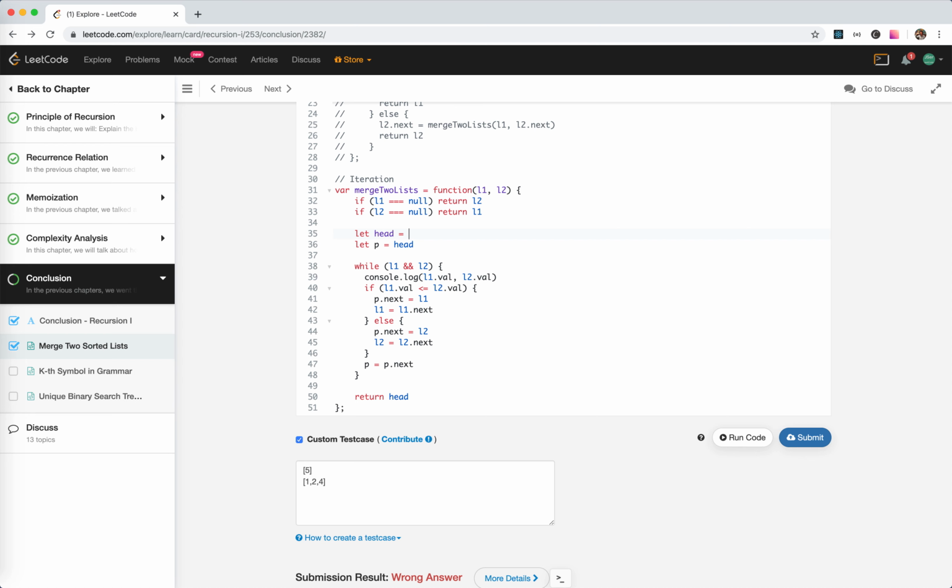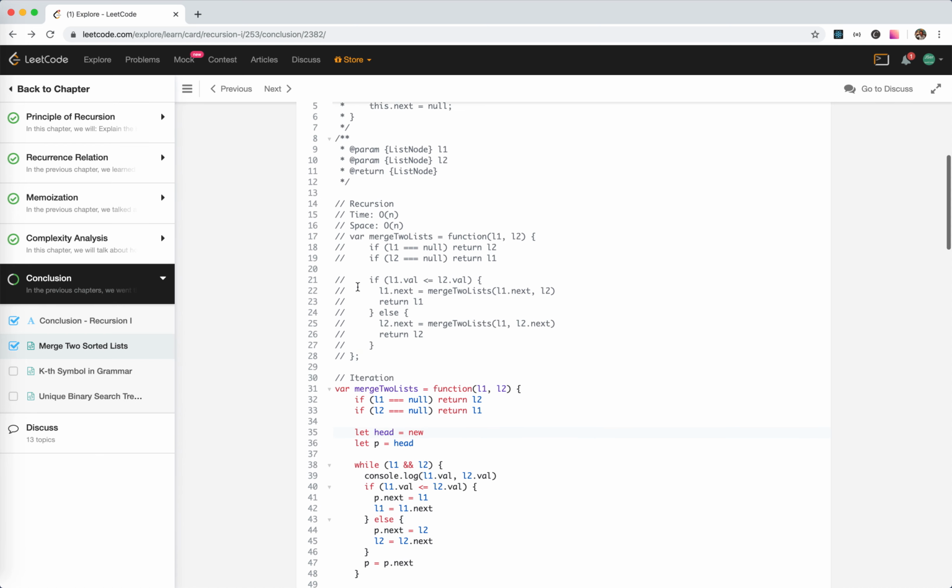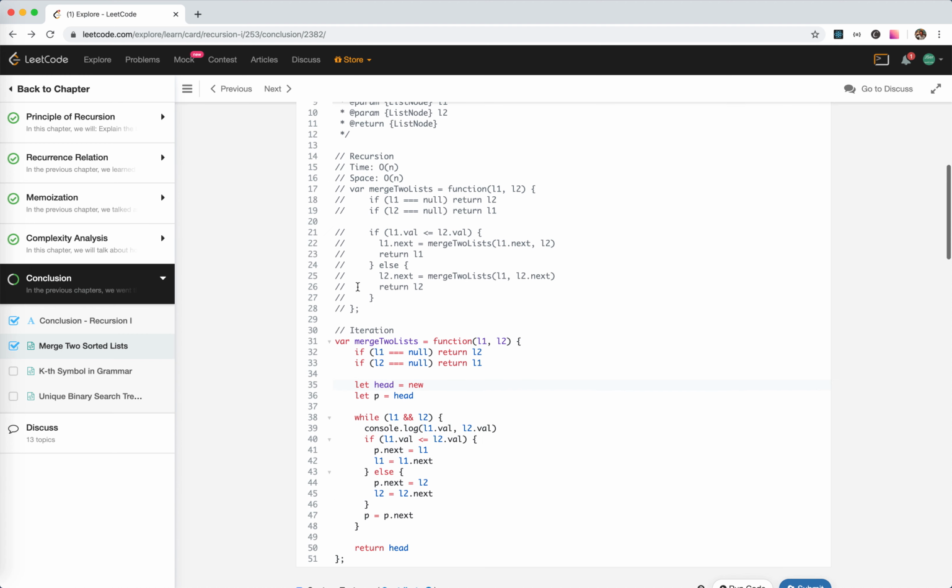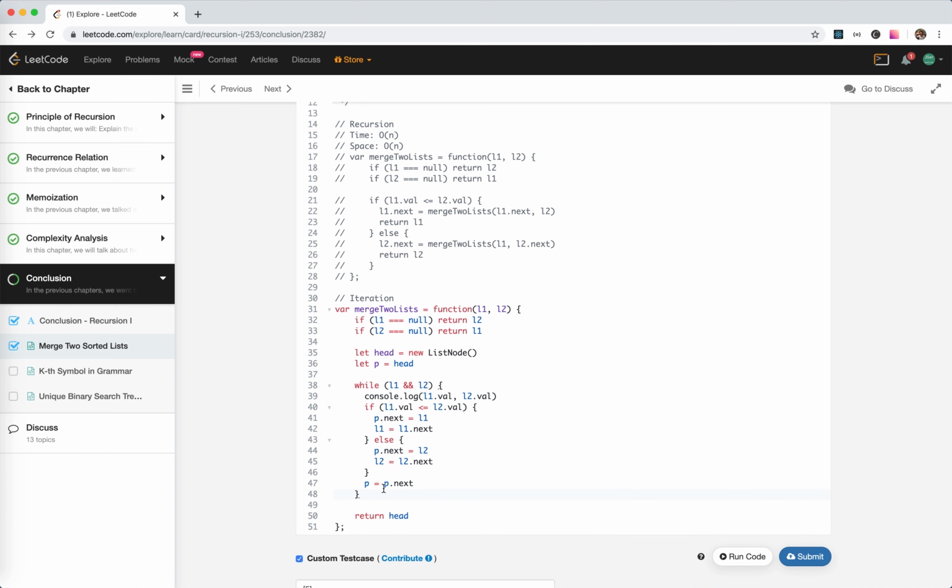Because at the very beginning there will be no first node, so we have to create a node first. Use a dummy node head, p equals head, and then p. Yeah, this should work.